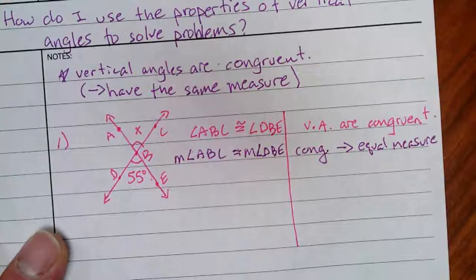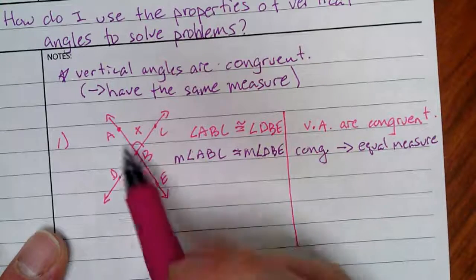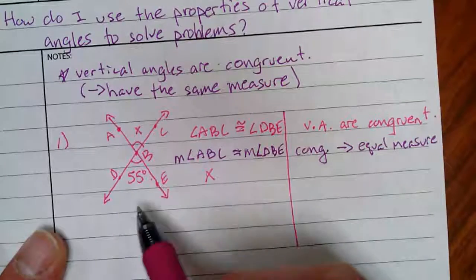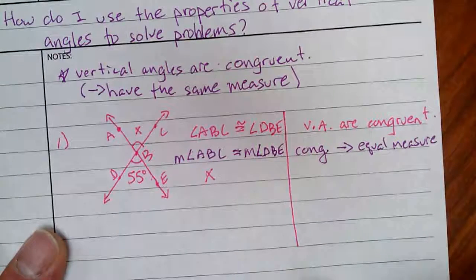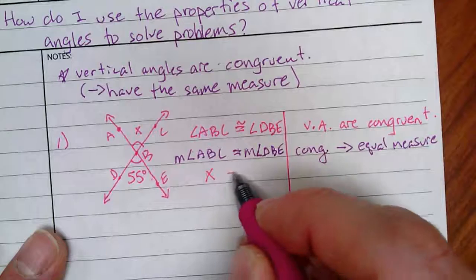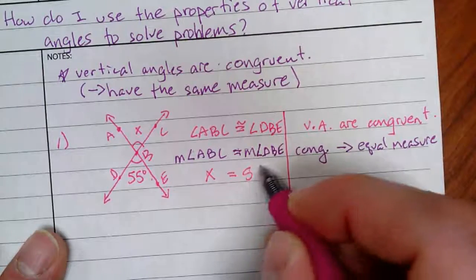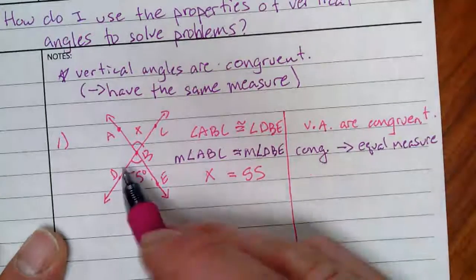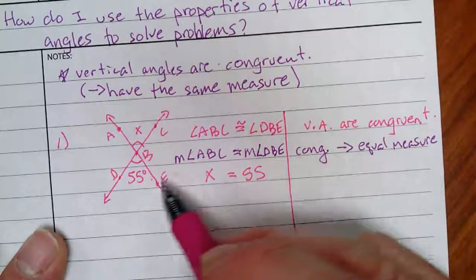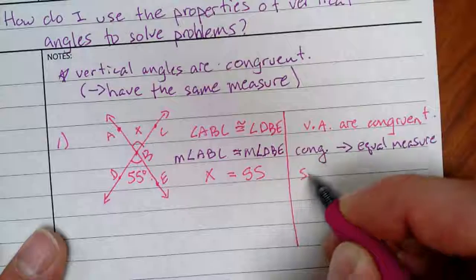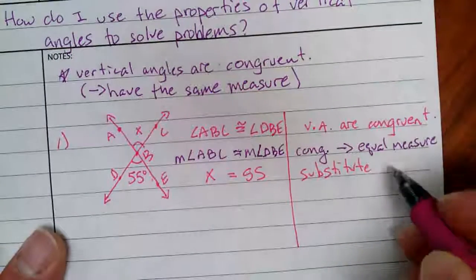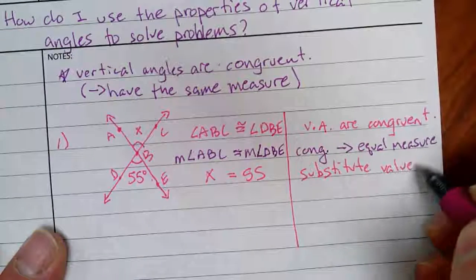And then we're just going to substitute. We know that ABC is X, and we know that DBE is 55. And here we have that we've just substituted our values. So we're going to write substitute values.